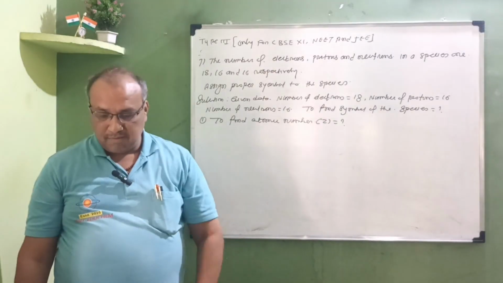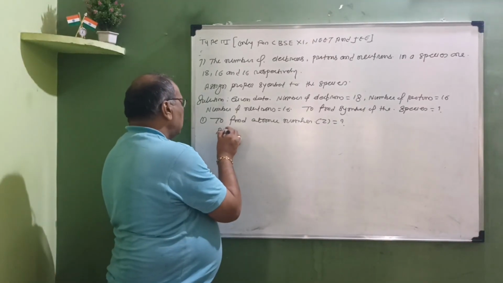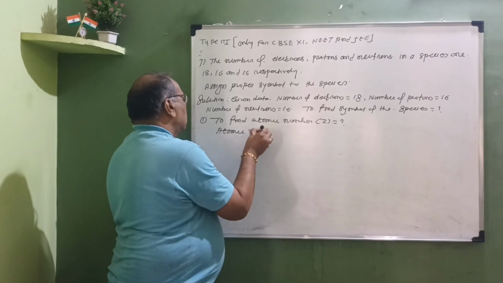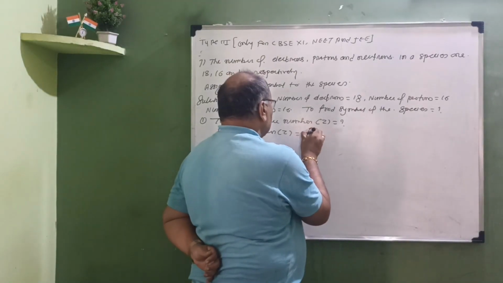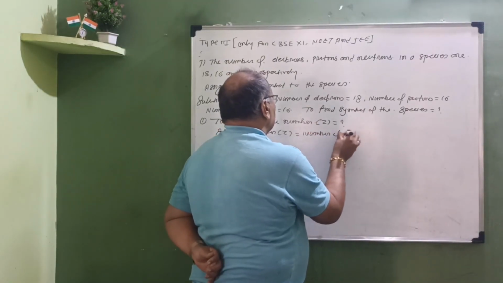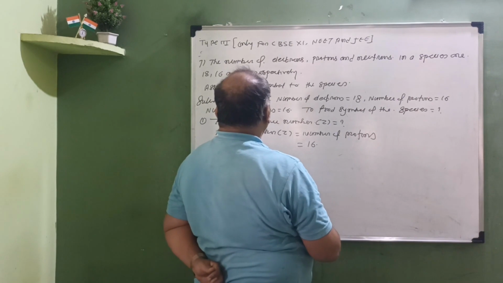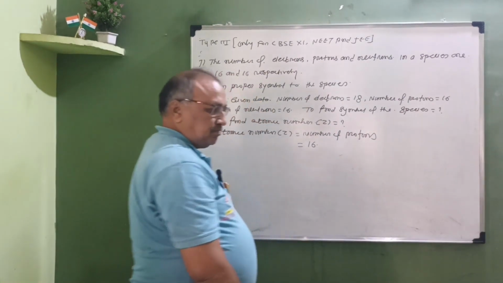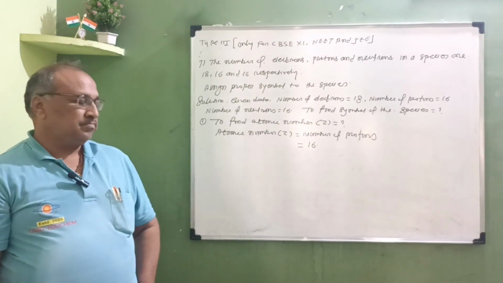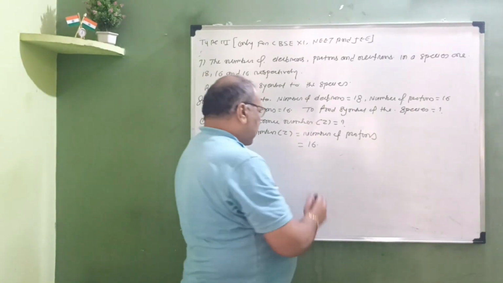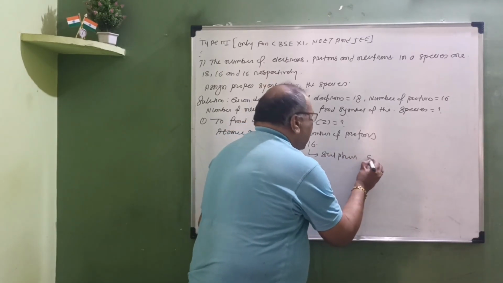Now atomic number Z is equal to number of protons, which is equal to 16, and 16 is the atomic number of element sulfur whose symbol is capital S.